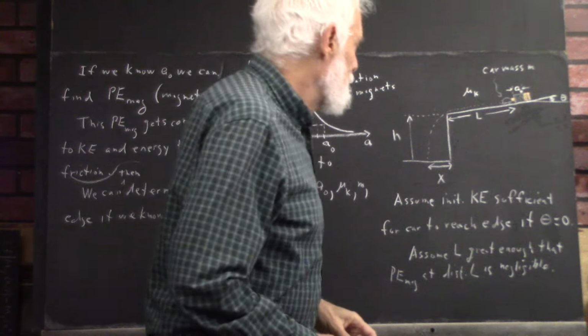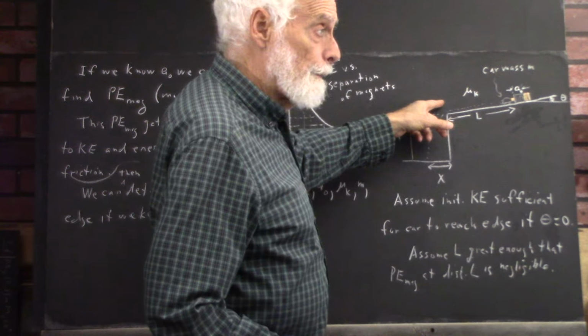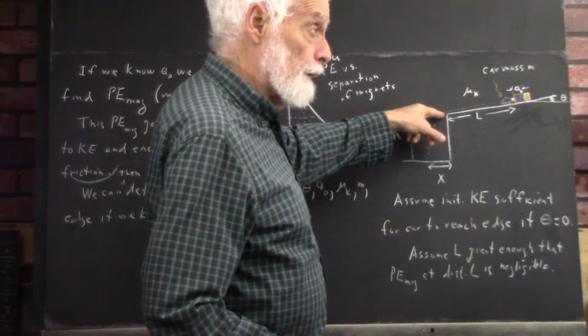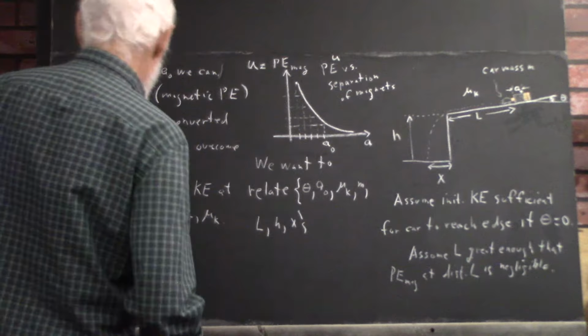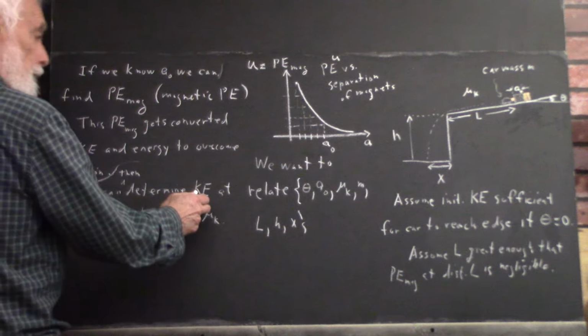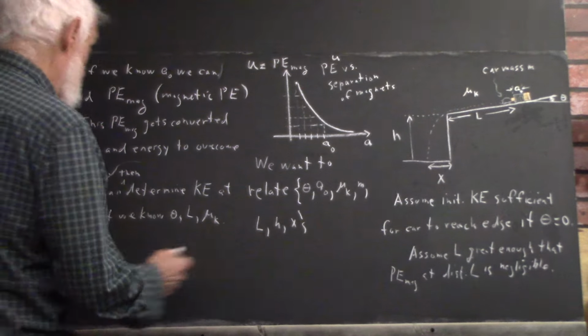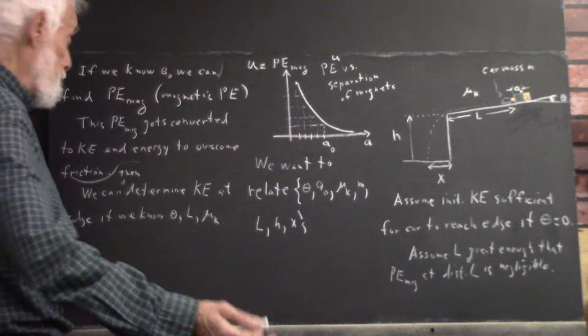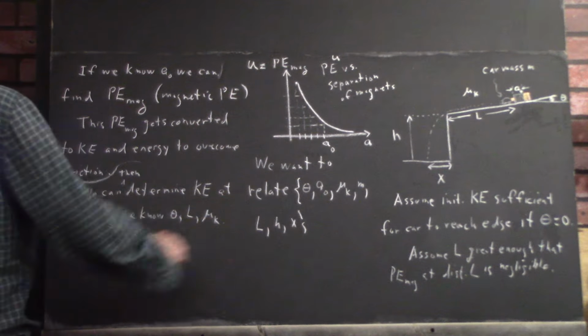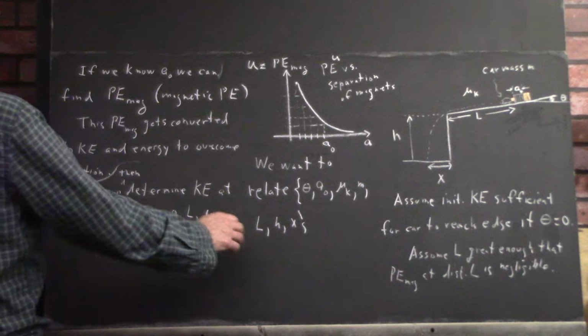Well, if we can analyze that much, then we know how fast the car is going here, right? Because we know the kinetic energy, we can find the velocity. So 1/2 mv squared equal to the kinetic energy, we get the velocity. So we can determine the kinetic energy at the edge if we know theta, L, and mu k.